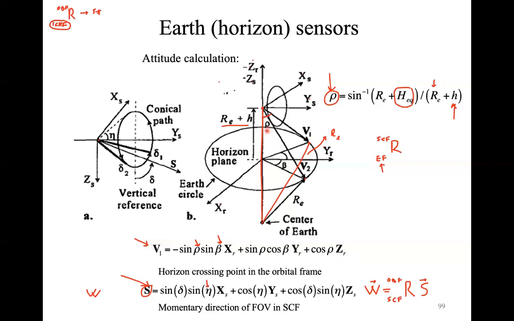Rho is the relative angle at which the spacecraft sees the crossing point of the horizon. It is this angle here for V1 and this angle here for V2. You can easily compute rho, which depends on the altitude of the spacecraft.